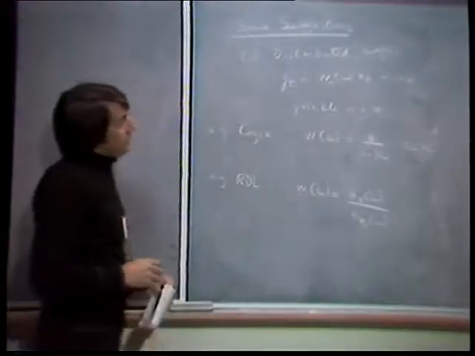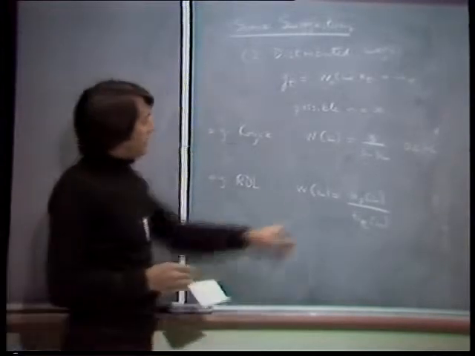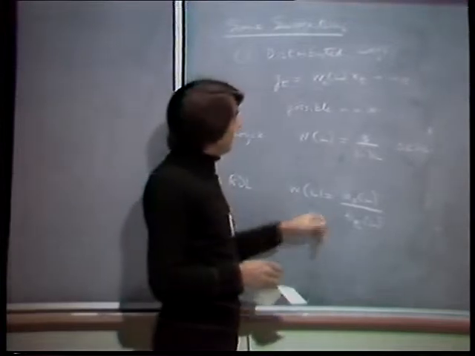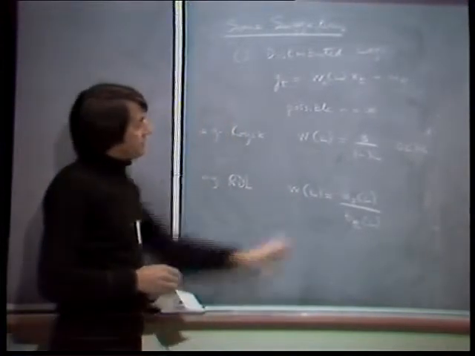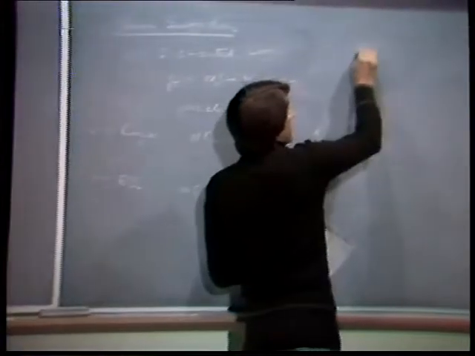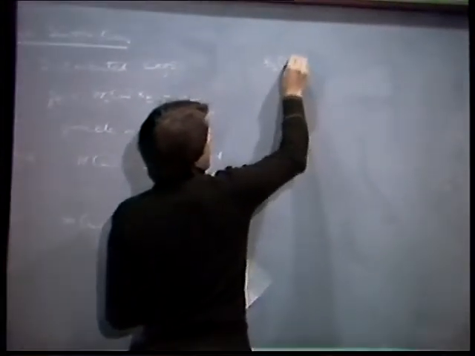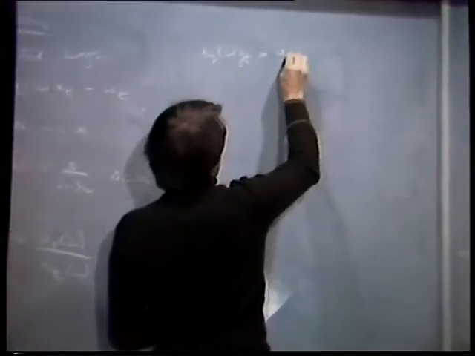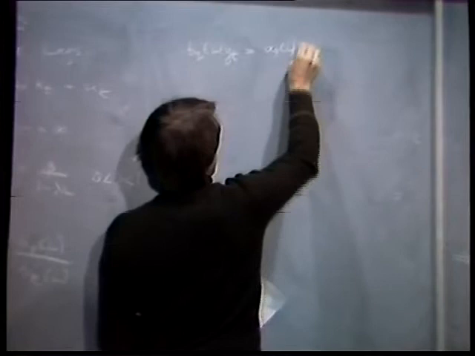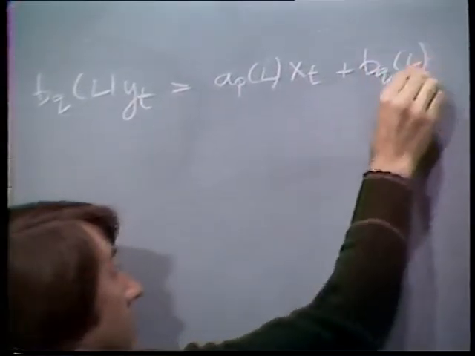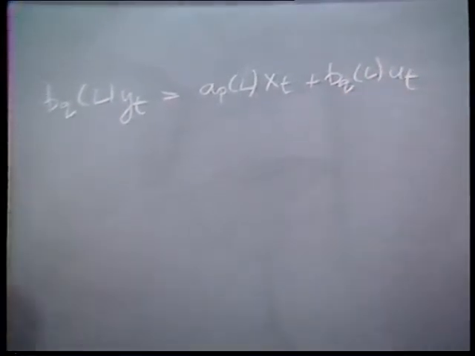And in fact, in practice, investigators have been deterred from using the rational distributed lag because of the implications of that particular form. If we make the substitution, then we have that B_Q of L y_t is equal to A_P of L x_t plus B_Q of L u_t.